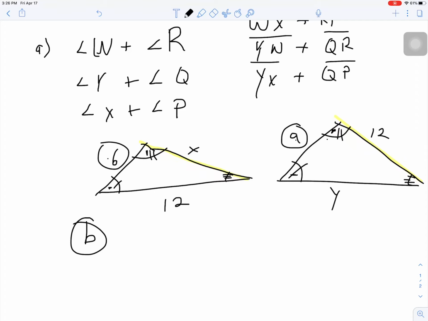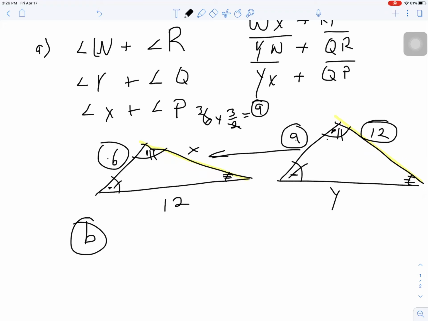But that doesn't help us all the way out unless we look at the two that we have that are the same. So if this one's 9, this one's 6, you can see that in order to get from 6 to 9, we're multiplying by 3 halves. I'll just show you this quickly. 6 times 3 halves equals 9, right? Because this winds up being a 3. This is gone now, and 3 times 3 is 9. So you know that your scale factor is actually 3 halves.